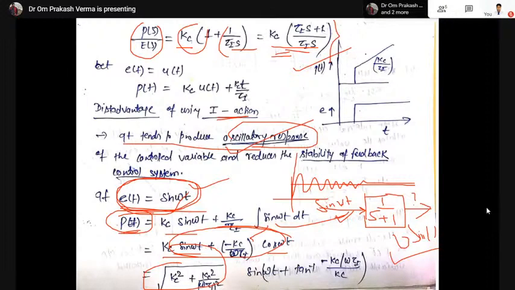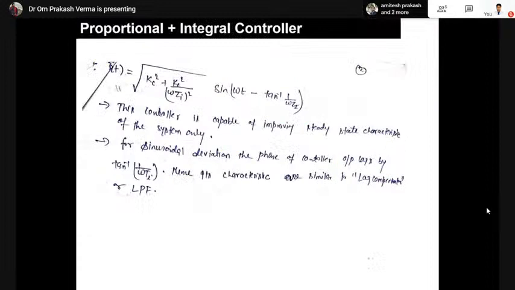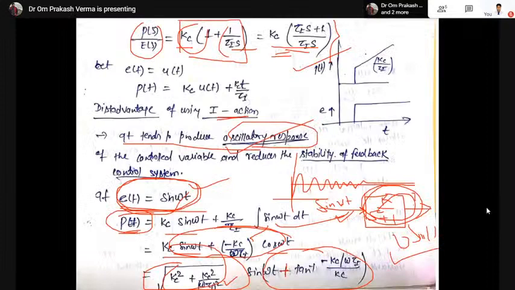So we have applied it to this system, Kc upon 1 plus tau I s. Such a type gives this amplitude, and this one is the phase change we got. This is the plus sign with the tan inverse in this one. So therefore, I am saying the controller... sorry, this is a minus sign.